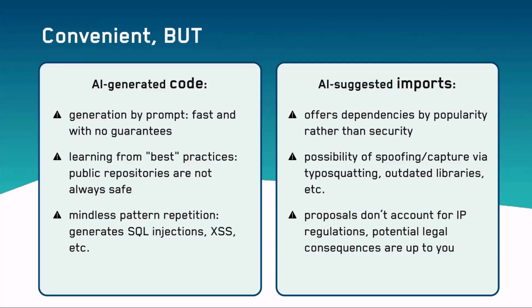And using AI, especially with how it likes to hallucinate when it does not want to show that it did not really understand what it is that you need, opens up a whole avenue of possible spoofing, capture via typo-squatting, outdated libraries, etc. And lastly, these proposals, unless you specifically ask for that, will not account for any IP regulations, which means that if you just copy those mindlessly, you might find yourself facing a lawsuit in some distant future.